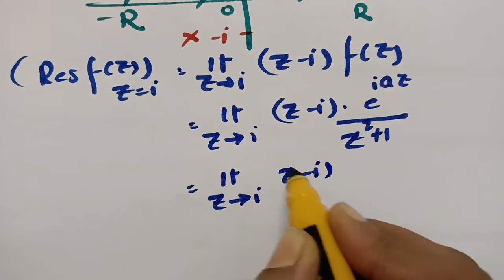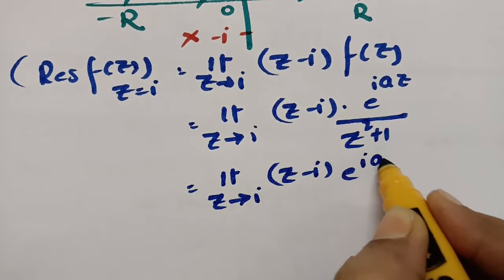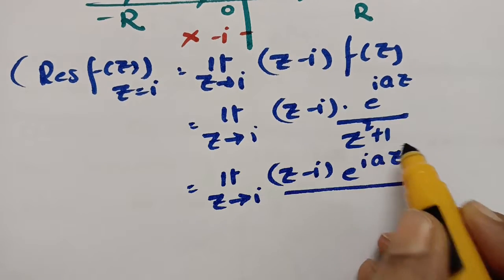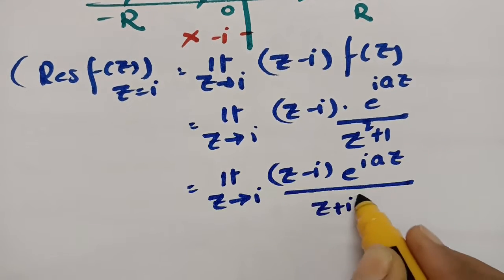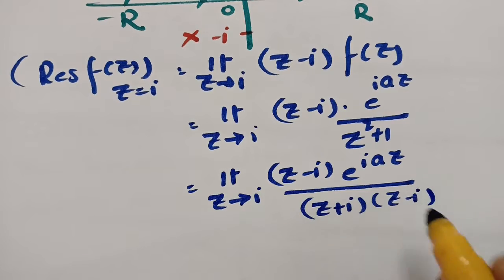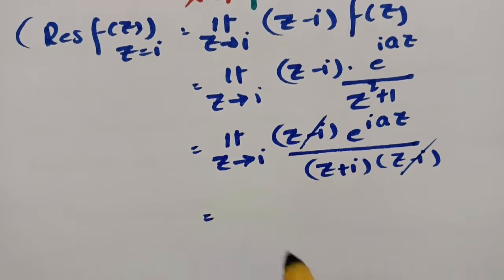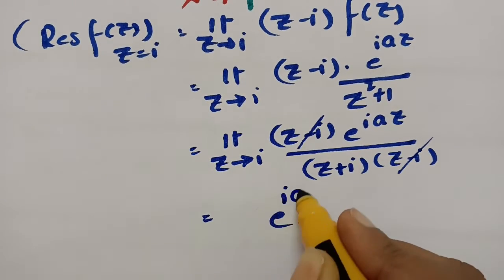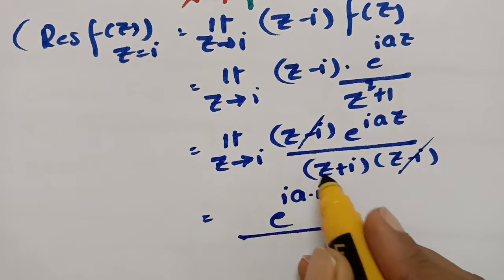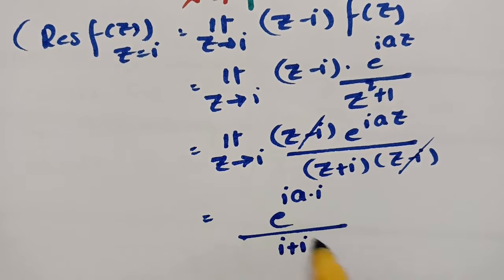So this is the limit as z tends to i of (z minus i) times e to the power i a z divided by z squared plus 1, which can be written as (z plus i)(z minus i). Now we can easily cancel these two and substitute z as i. So this will be e to the power i a times i, divided by i plus i.